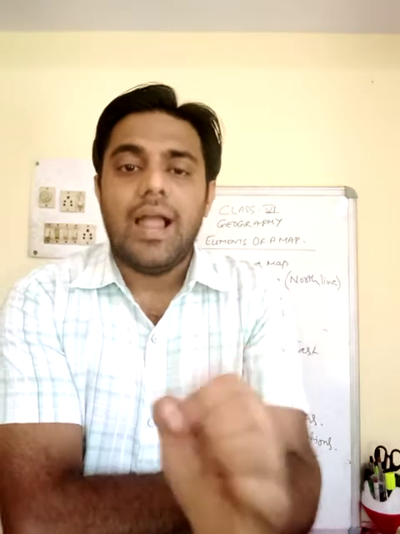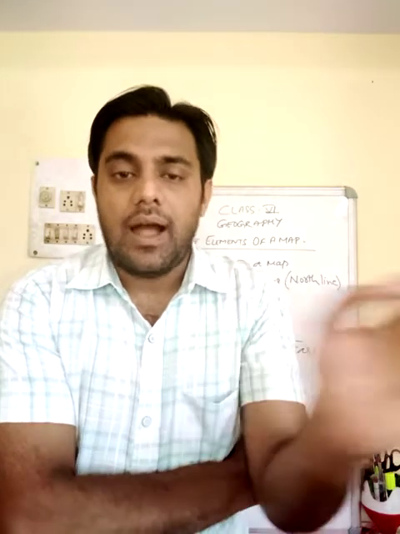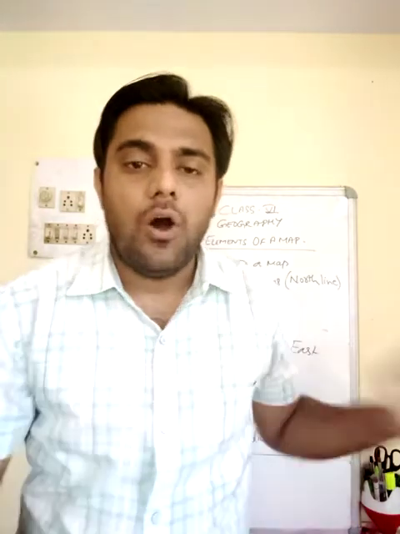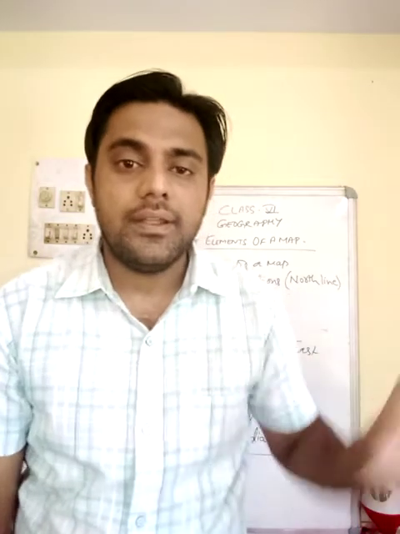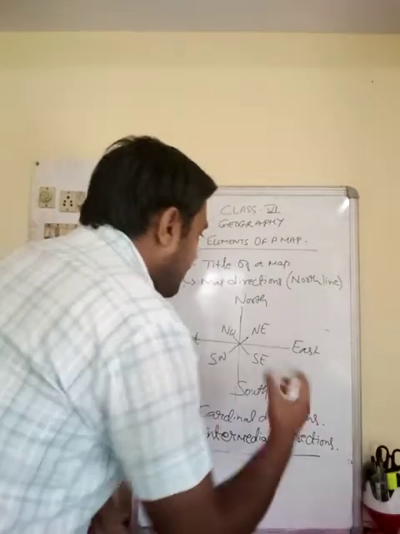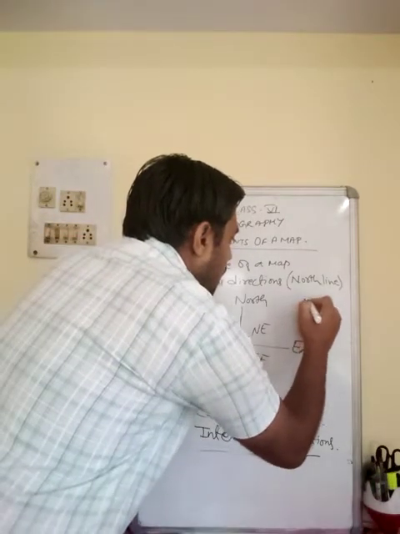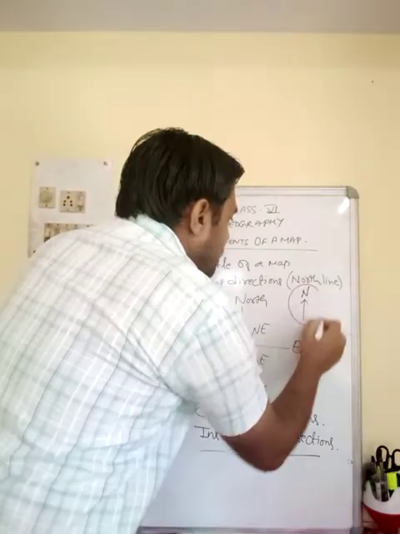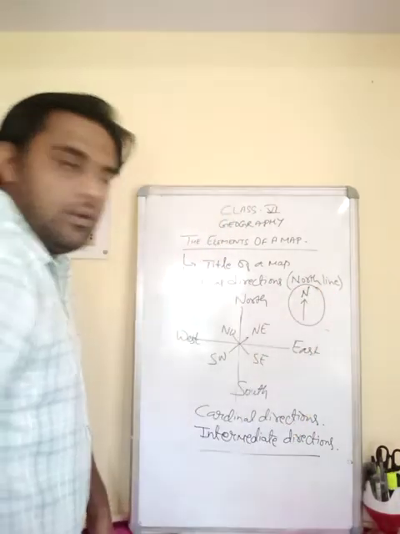And in order to help people understand the idea of direction, every map on the top right corner, I am repeating it, top right corner, has an arrow with a capital N marked on top.